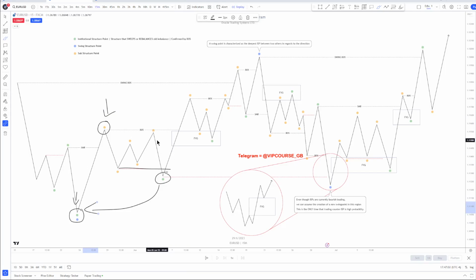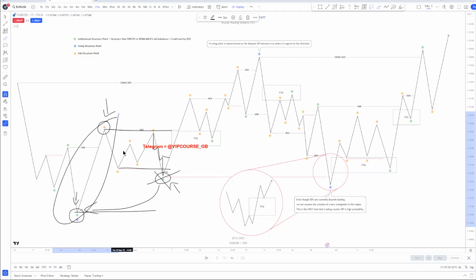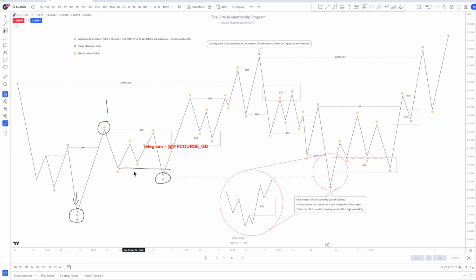Okay? So if we had structure like this, and this ISP here broke structure here, this is still unconfirmed. It is only confirmed when it externally breaks out of the previous institutional leg. So we view the leg like this.